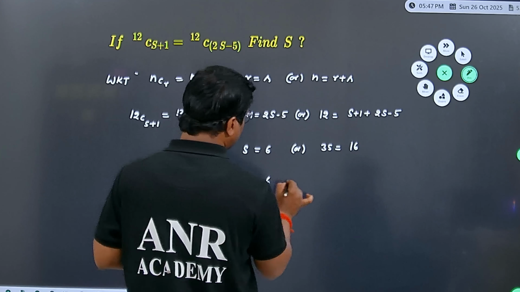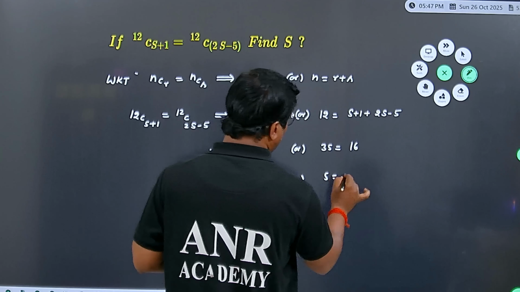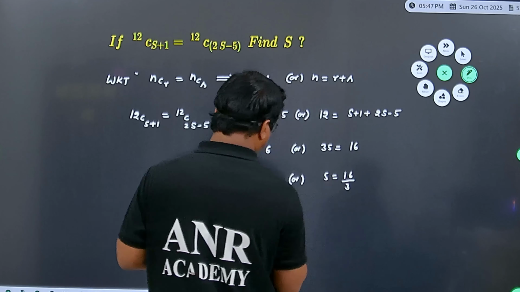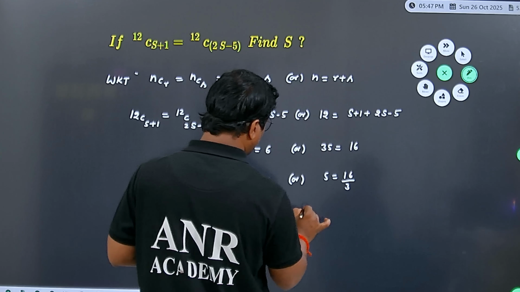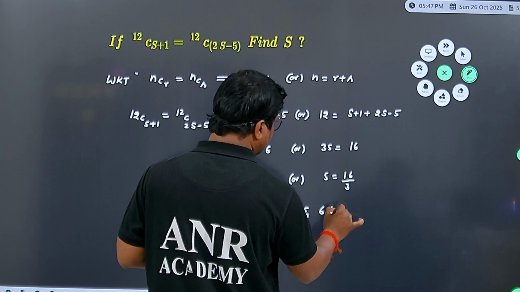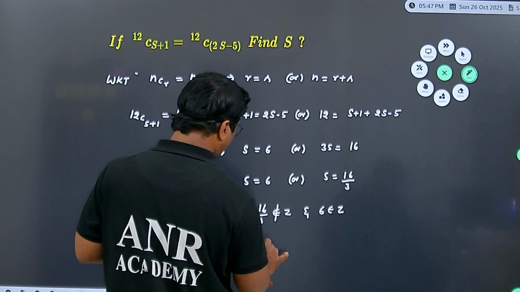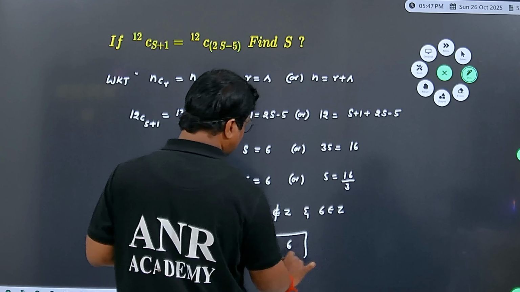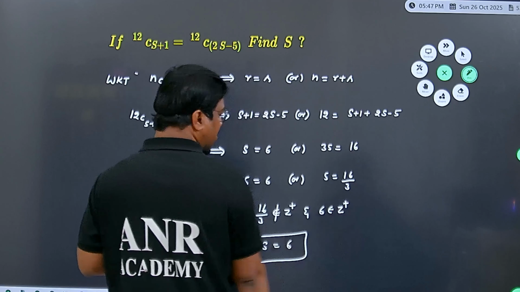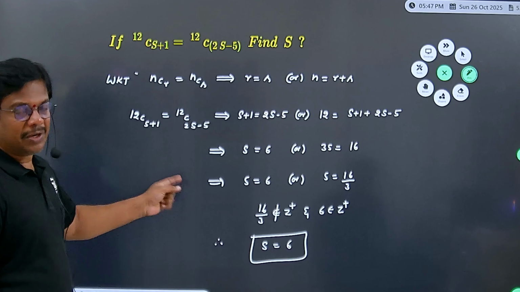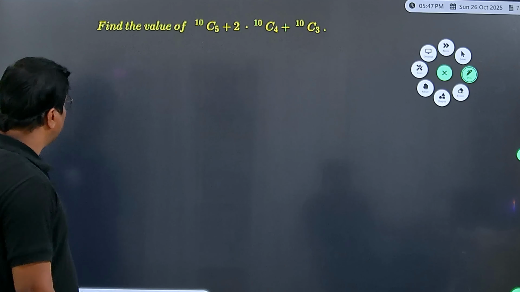S equal to 6 or S equal to 16 by 3. 16 by 3 is non-integer and 6 is integer quantity. Therefore, the value of S equal to 6. It is not Z plus, right? Only 6 belongs to Z plus. So that you have to write the value of S as 6.